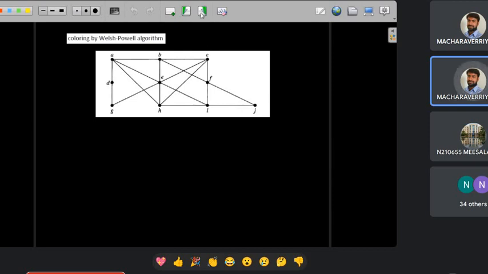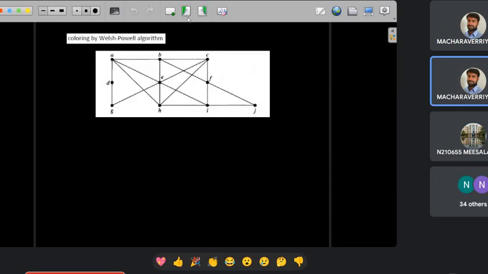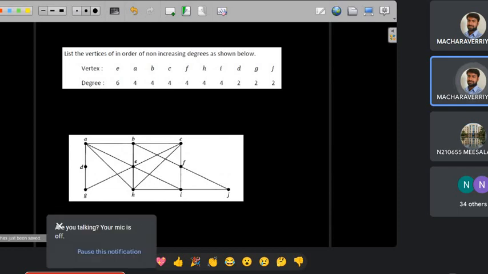You take the graph, find the degree of each vertex and arrange the degrees in a non-increasing order like this: a list of vertices and the degrees next to it. So now you take the vertex which has the most degree.